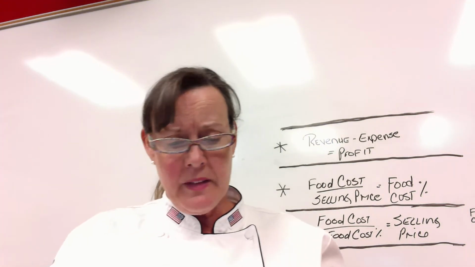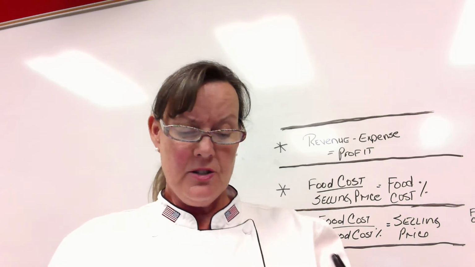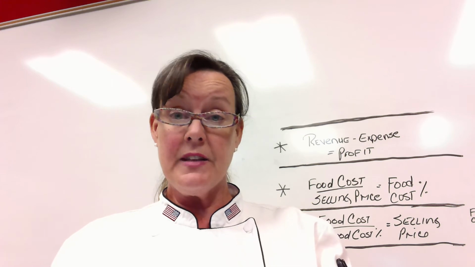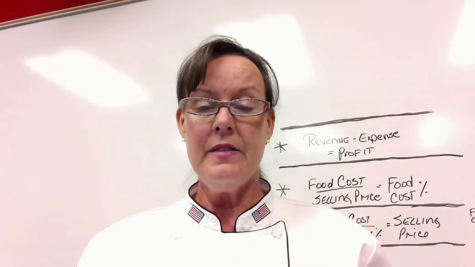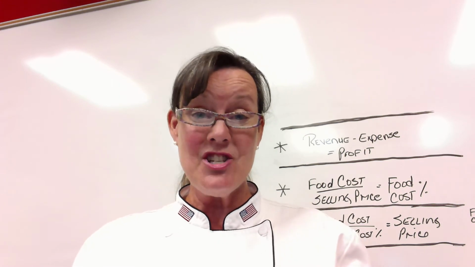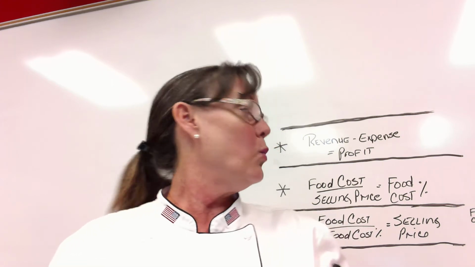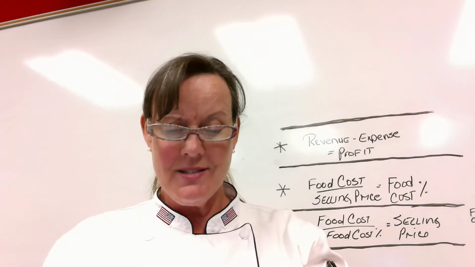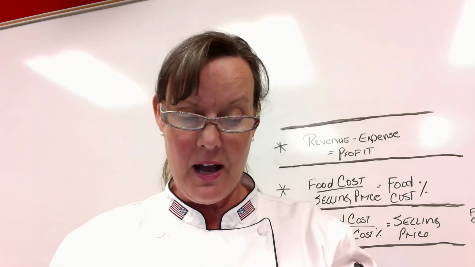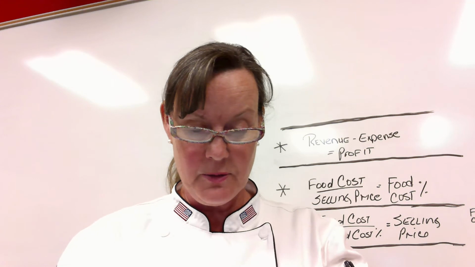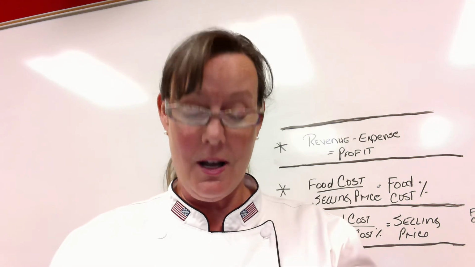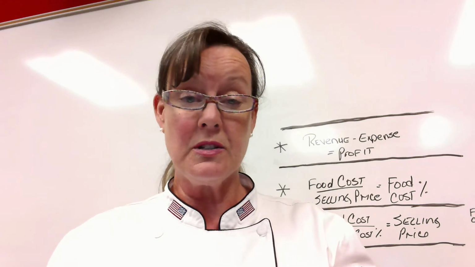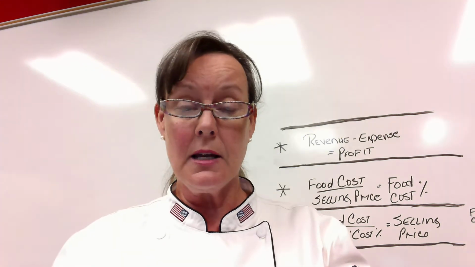Now, let's flip over, because you're going to see a whole bunch of words and a whole bunch of formulas. Guess what? A lot of these are repetitive, but they're interchanging them to come up with different scenarios. Food cost divided by the selling price, I already told you, is food cost percentage. Food cost divided by your food cost percentage equals your selling price.